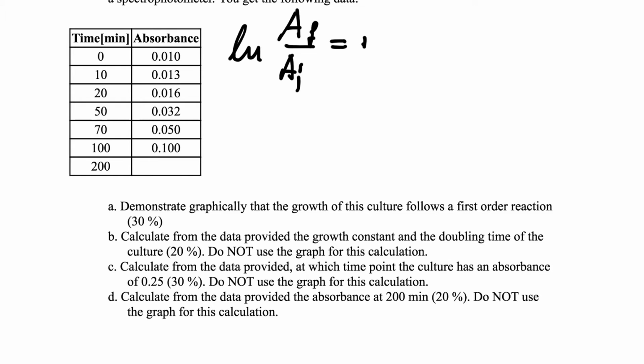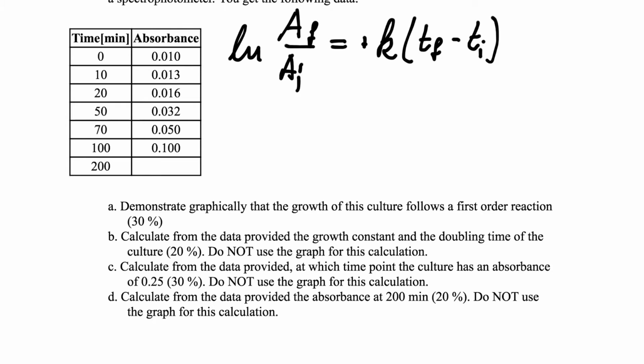And then we just simply have our remaining first-order equation, k times t final minus t initial. The difference between growth and consumption is just simply the sign here. So for growth it gets bigger, it's positive. Consumption would be a negative, because it goes down. Okay? Make sense? God, I'm good.